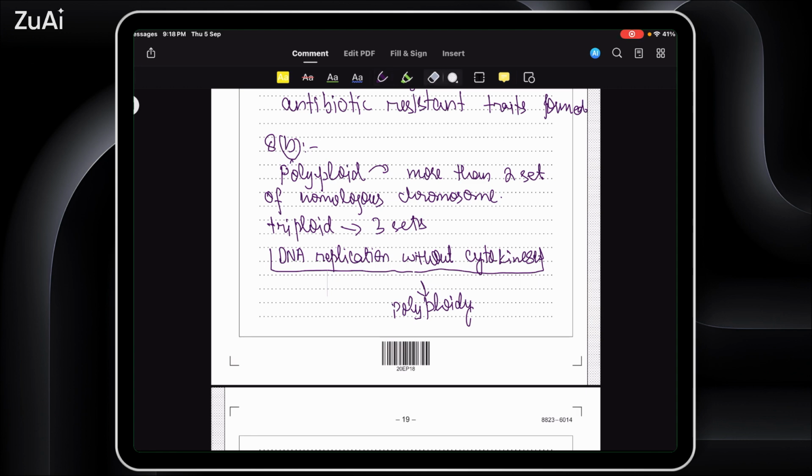And the fusion of diploid and haploid gametes results in triploid. Fusion of diploid and haploid gametes makes triploid.